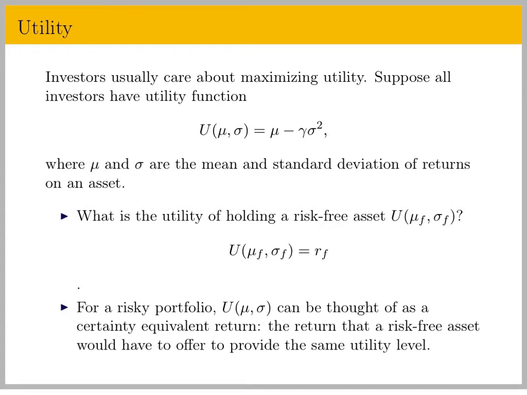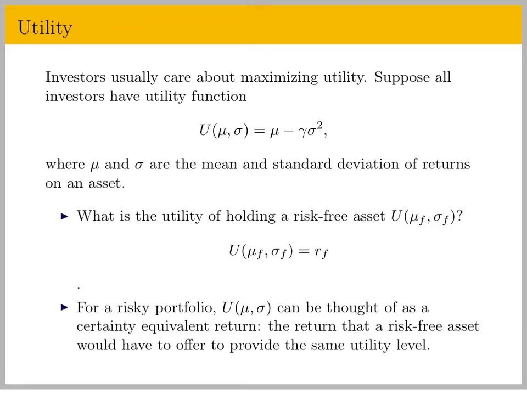Now, for a risky portfolio where sigma is not 0, the utility can be thought of as a certainty equivalent return. So we can still think of this utility as a return. In particular, it's the return that a risk-free asset would have to offer to provide the same level of utility as the risky asset.